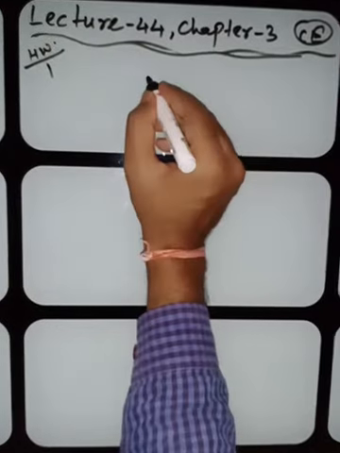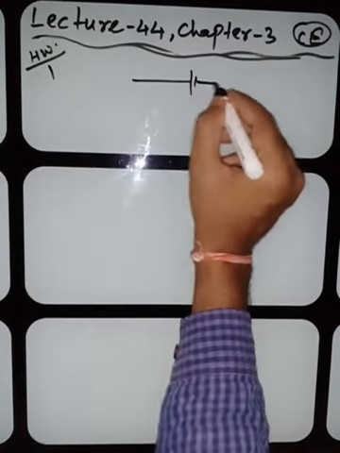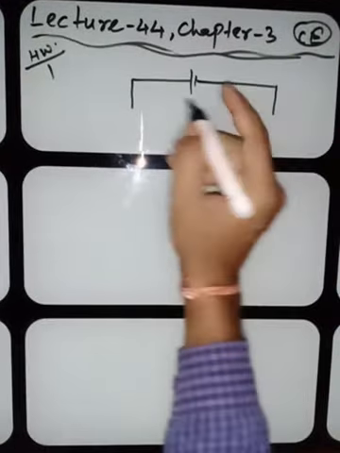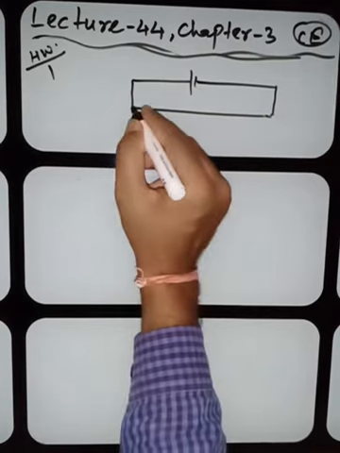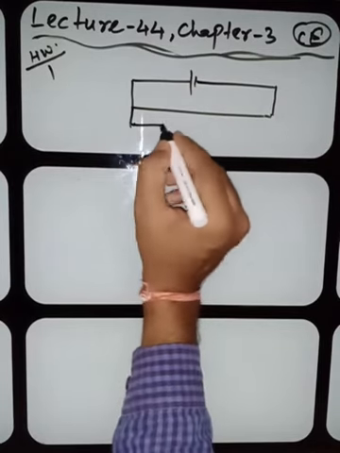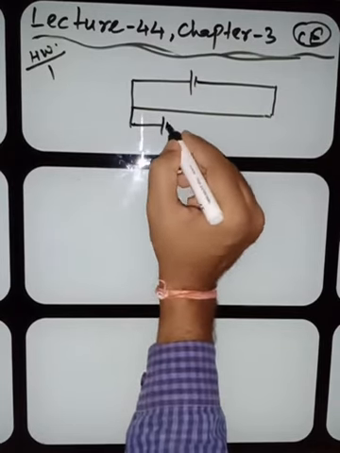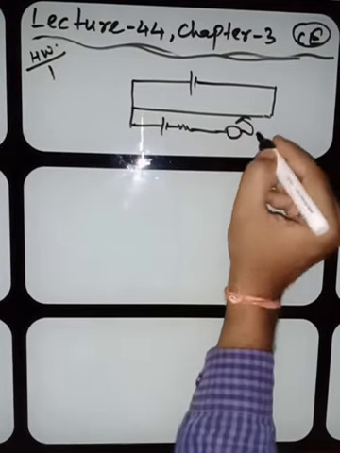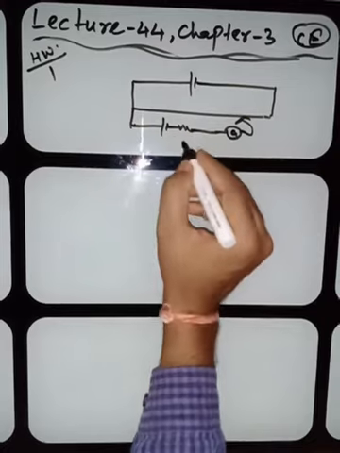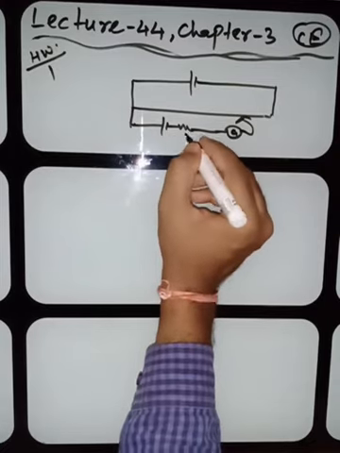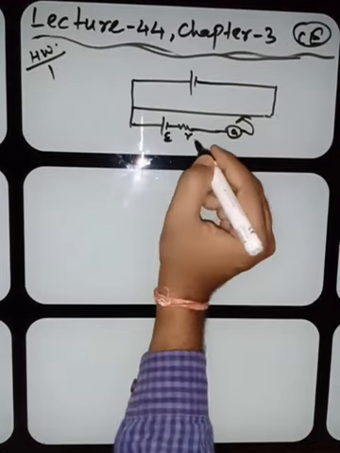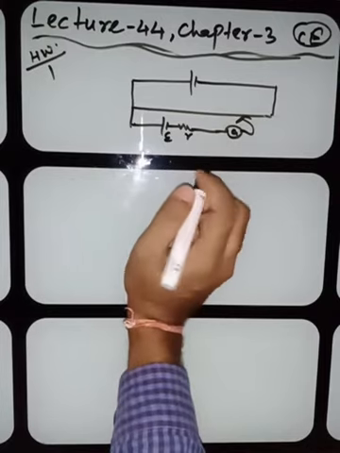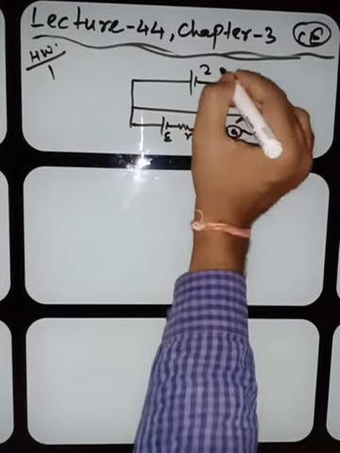All right, this is the potentiometer, jockey, the galvanometer, R, and this is E. Now the question, it is 2 volt.